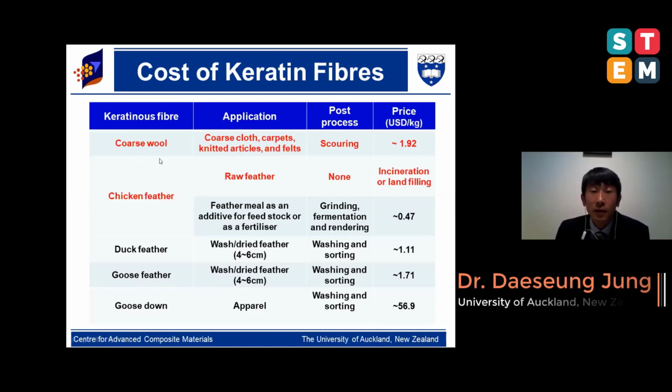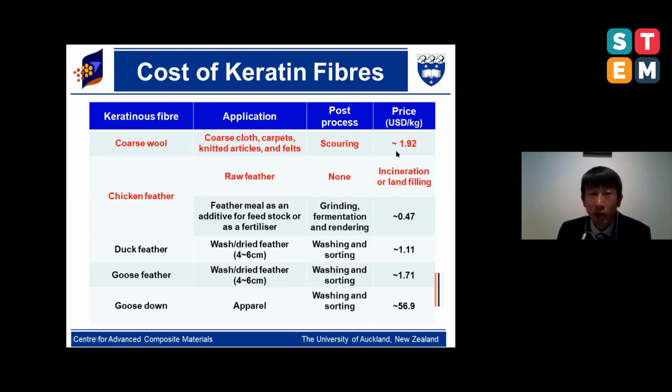While the cost of wool is around $2 per kg, most of the chicken feather usually goes to incineration or landfilling. So if we can use this feather fiber, then we can significantly decrease the cost.